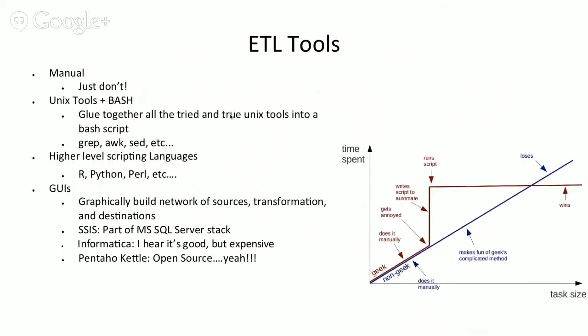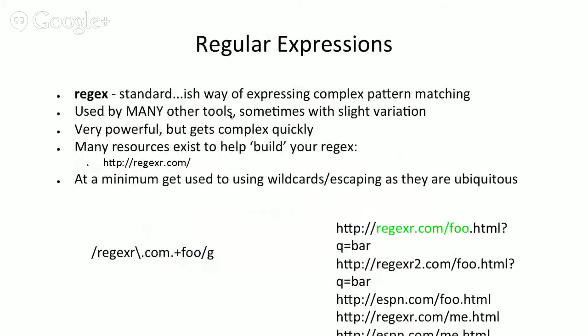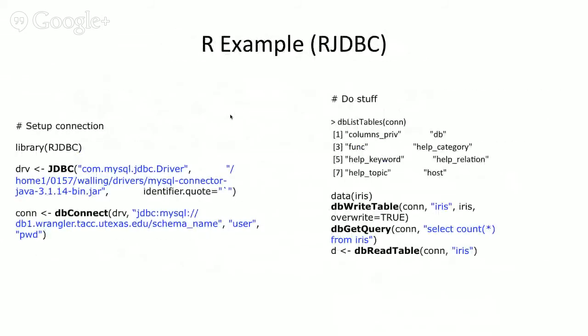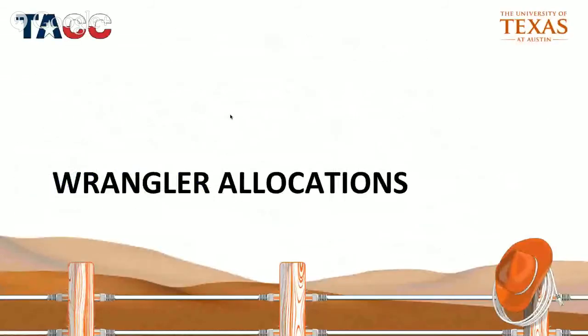We have a lot of additional trainings on things like C, Python, and R. If you're not really comfortable doing that yet, we can help you out there as well. But eventually, you're going to save yourself a lot of time by setting these up as scripts and letting the computers work for you. And finally, I think Niall will talk about how to actually get your allocation set up on Wrangler.